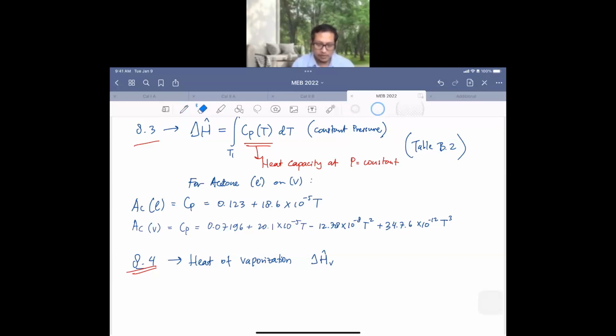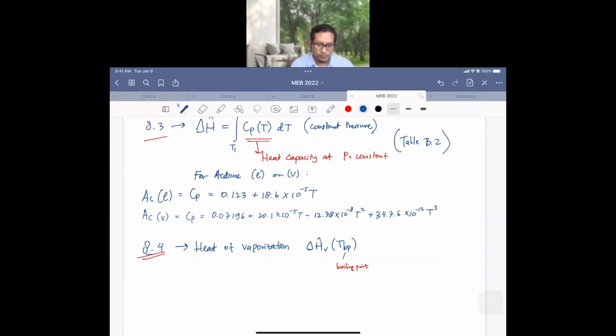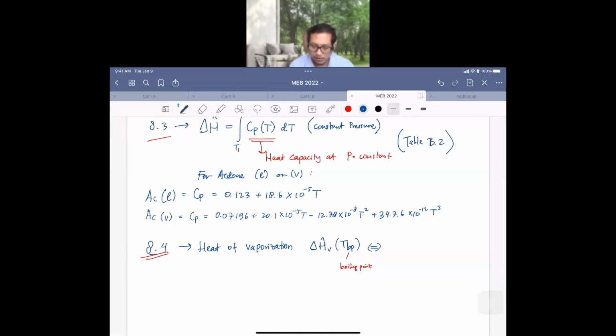Usually this delta correlates with the boiling point, BP meaning boiling point. This is from the liquid phase to vapor at the normal boiling point.